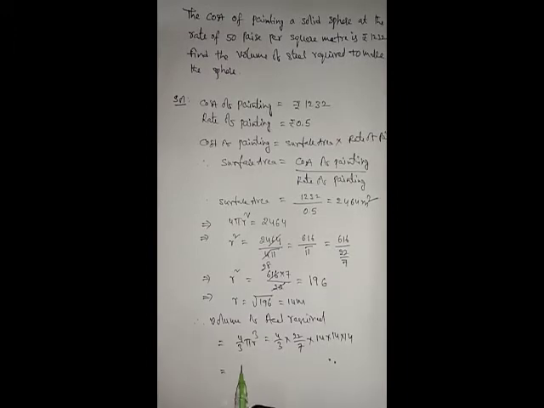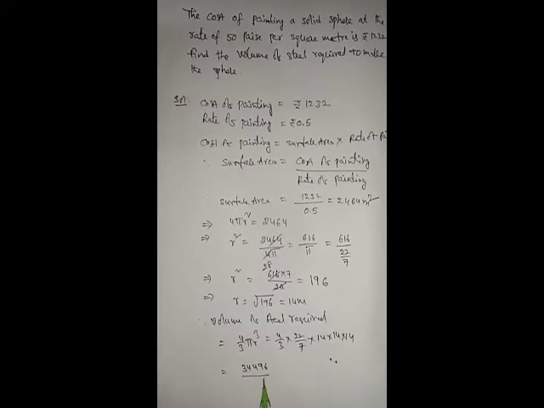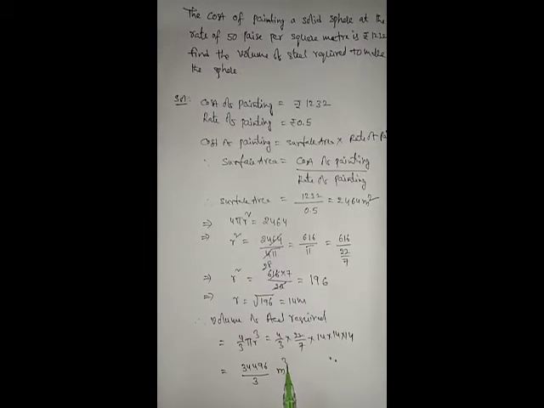Finally, if you simplify, we get 34,496 by 3 meter cube. This is the volume of steel required to make the sphere.